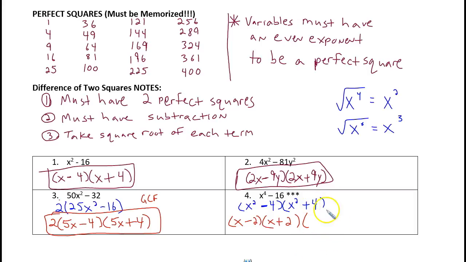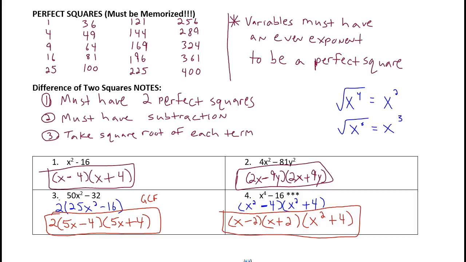In fact, we'll talk about that in another video. x squared plus 4 does not break apart, so it is going to stay as x squared plus 4. Remember, for this pattern, you must have subtraction. Well, addition is not subtraction. So this has three factors: x minus 2, x plus 2, and x squared plus 4.